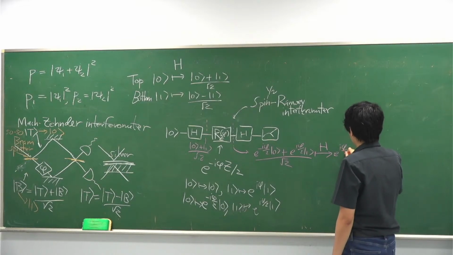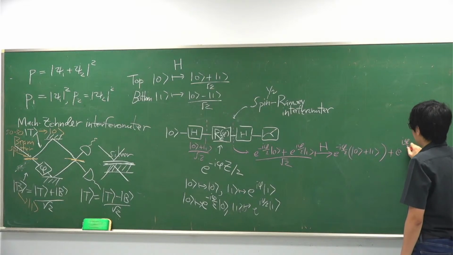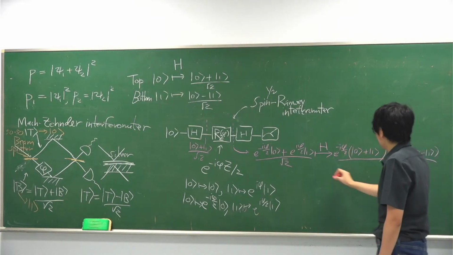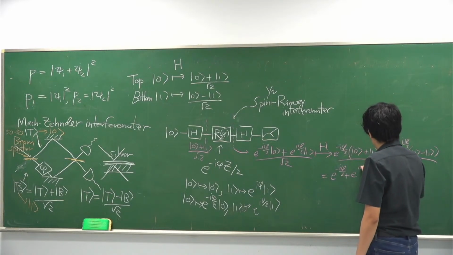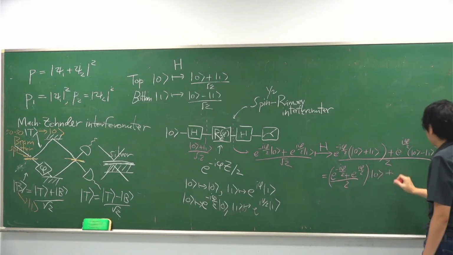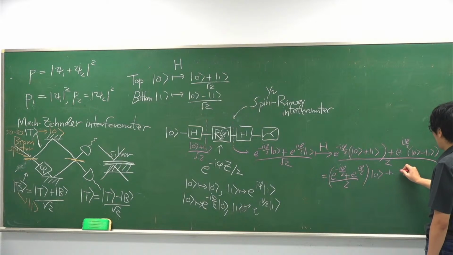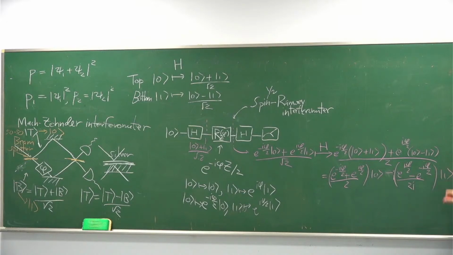Right. I guess I can just write it down. And then I can collect the coefficient, and that's a cosine. And I hope that's correct.